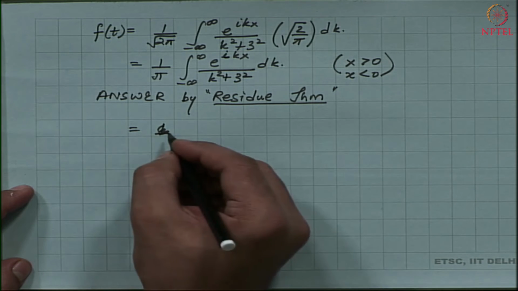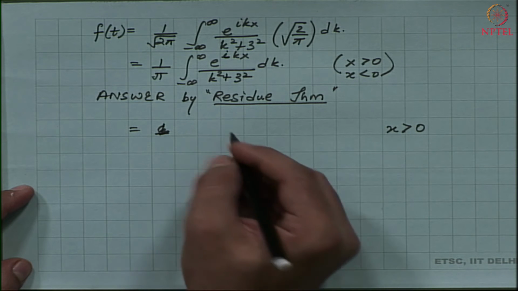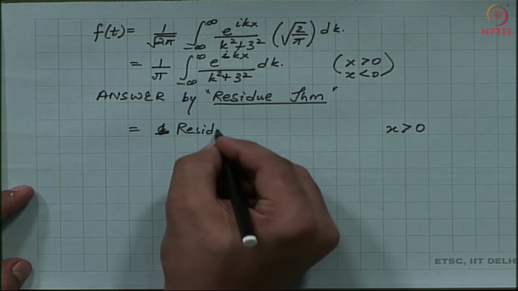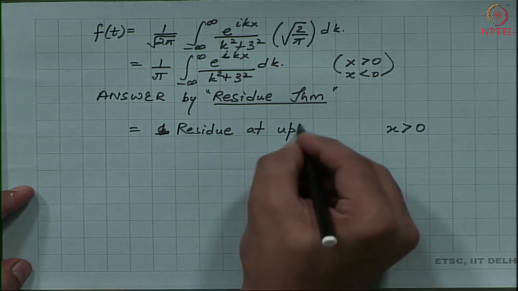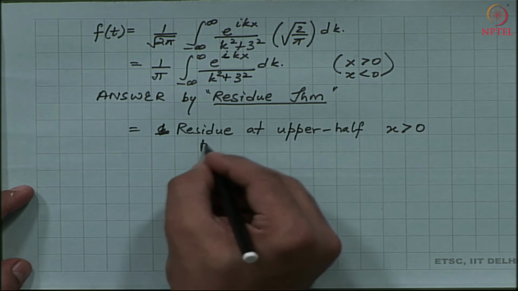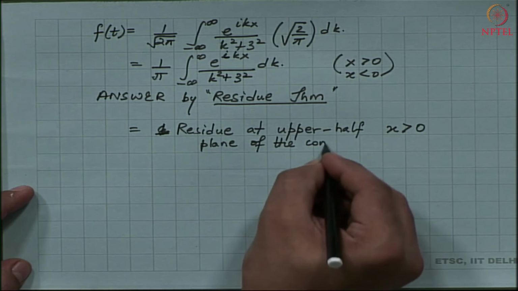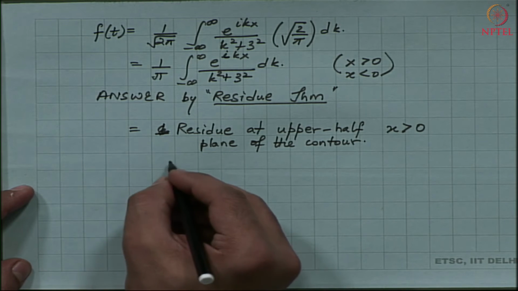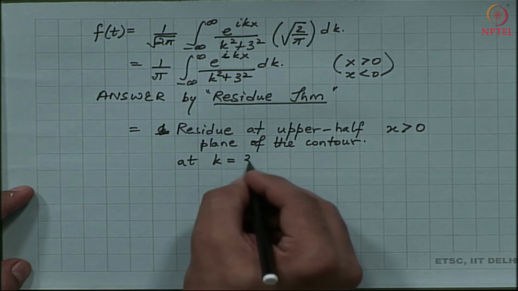If x is positive, in that case I have to find the residue in the upper half plane of the contour, and my residue is at k equal to 3i.